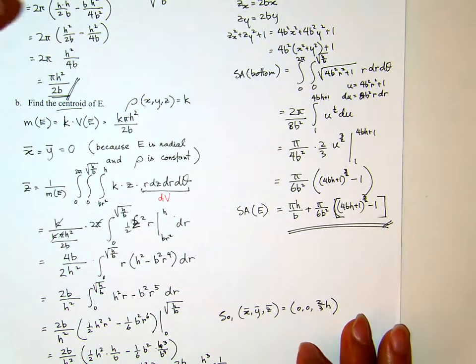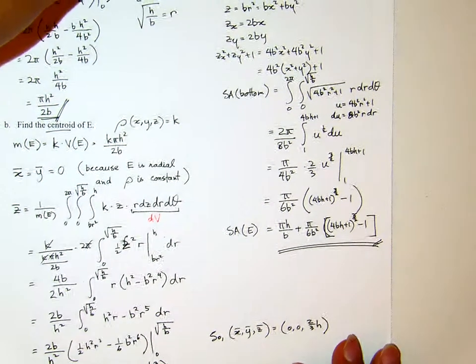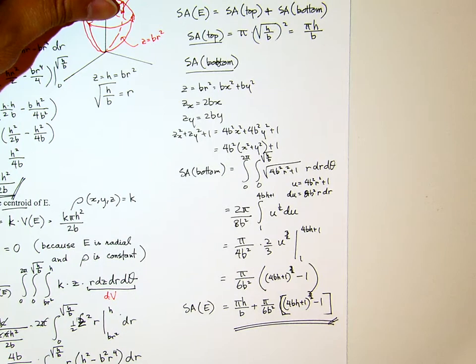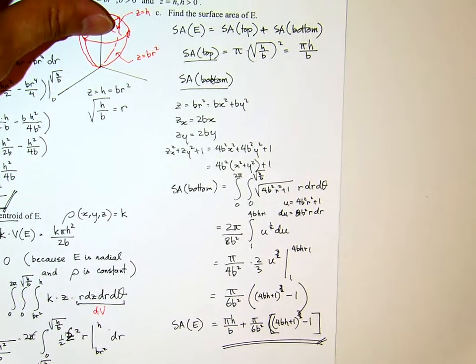Okay, this is the surface area of solid E now. Is this better? Now you can see the whole thing.